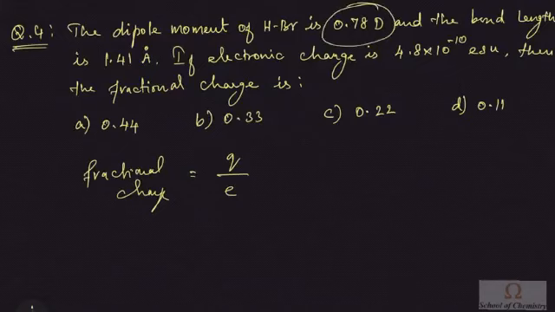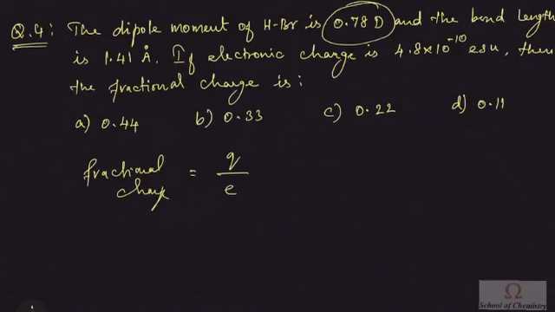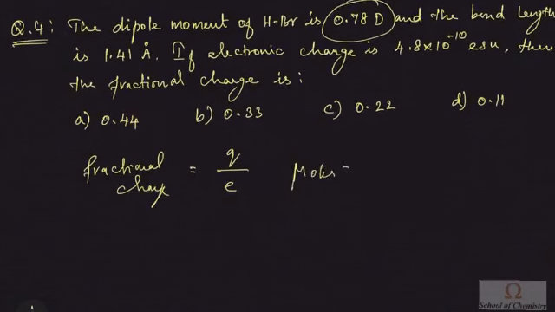Okay, so I need to find out the value of Q in my first step. So I know that mu observed is nothing but Q into D, which means mu observed divided by D will give me my Q value.